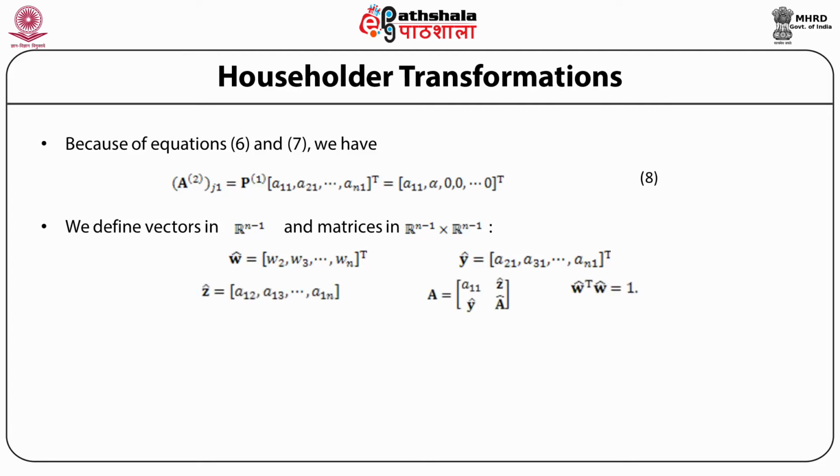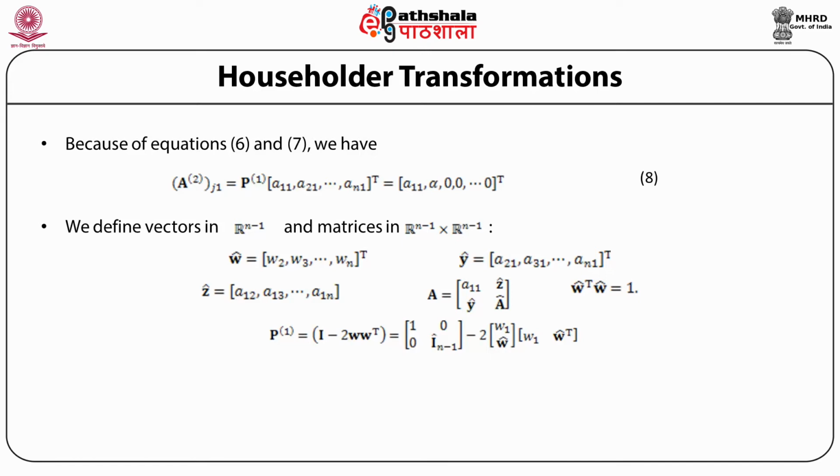Vector Z equals (A12, A13, up to A1n), where A equals A11, Z vector, Y vector and A-hat, where W-hat transpose into W-hat equals 1. P^(1) equals I minus 2 W W transpose equals 1 0 0 (I-hat minus 2 W-hat W-hat transpose).